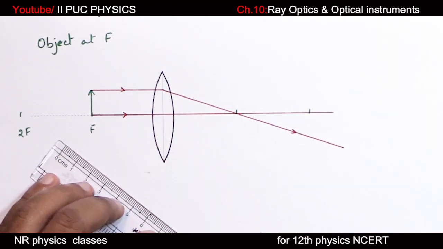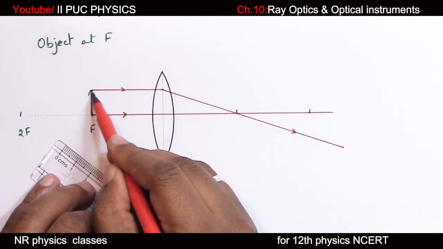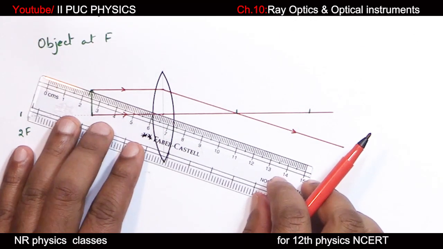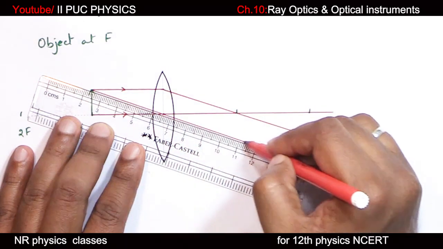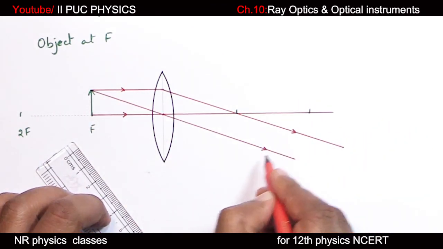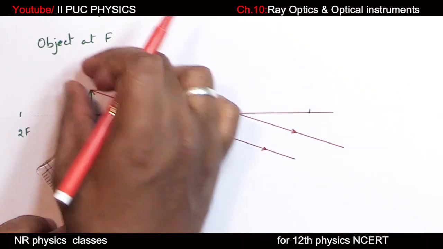Now let me consider another ray from the head of the object passing through the optic center. If you draw carefully, then these two refracted rays will be parallel to each other. Parallel to each other means they never converge on this side or on the other side.